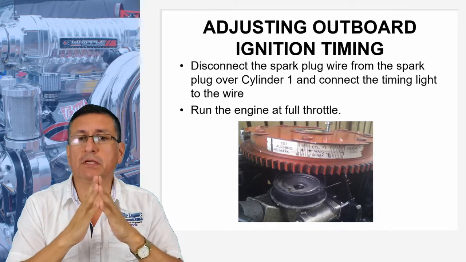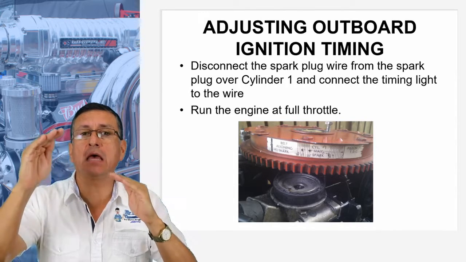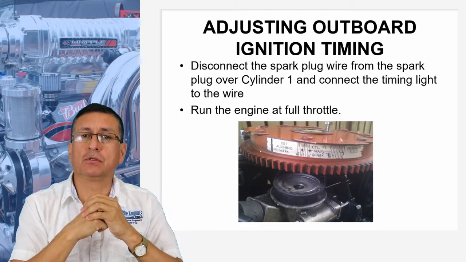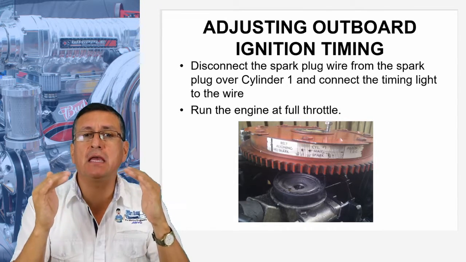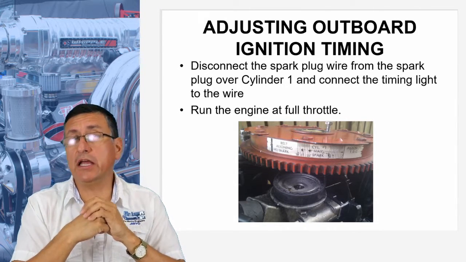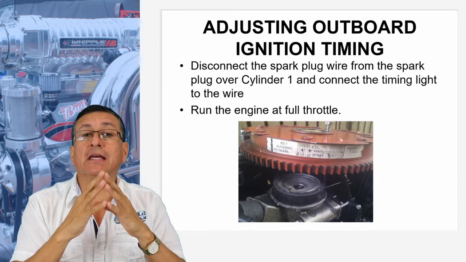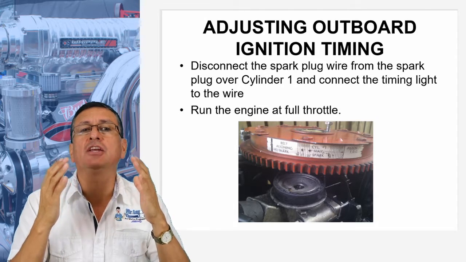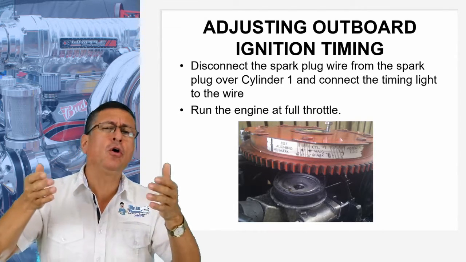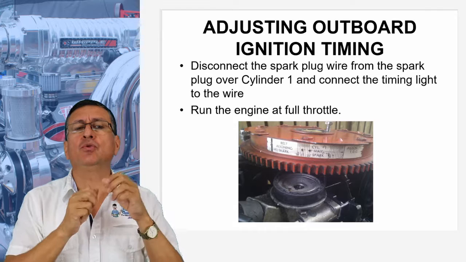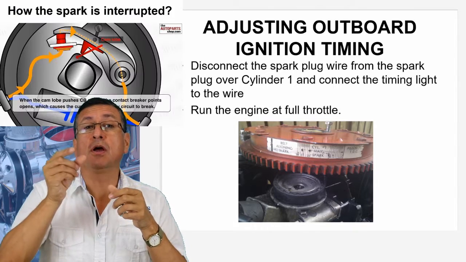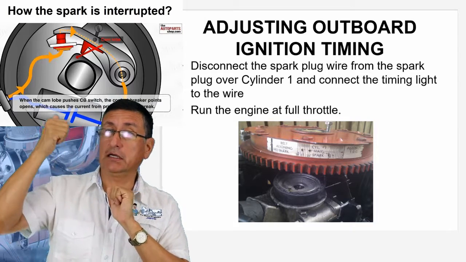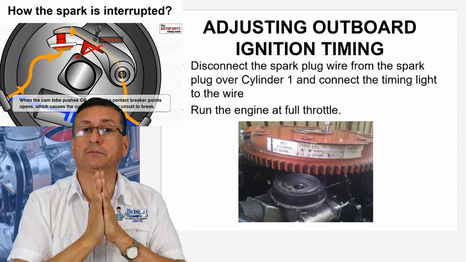I want to explain something in relation with the timing adjustment. In the previous episodes, I explained the timing adjustment for inboard engines. You remember that in inboard engines there are ignition systems, the old version, that use distributor points and condenser, like the distributor that you have on the screen.